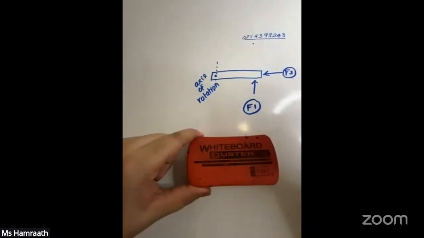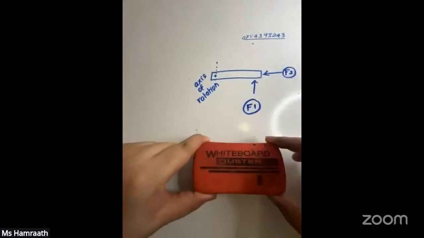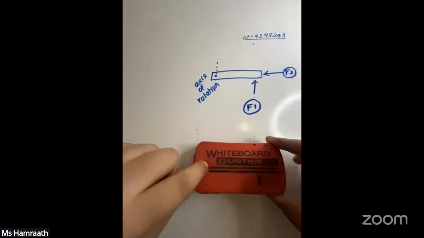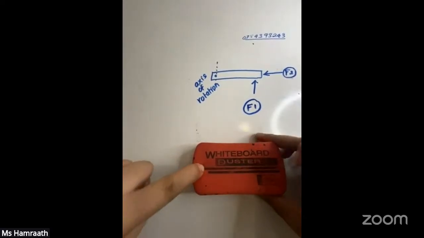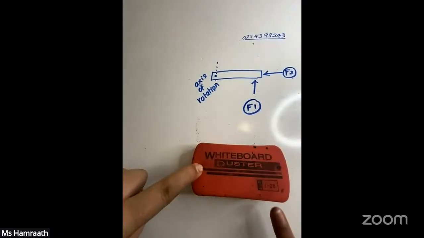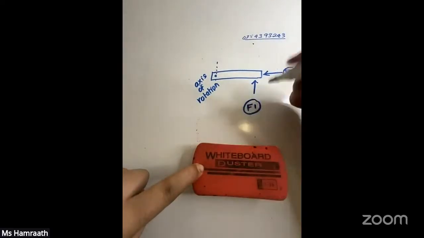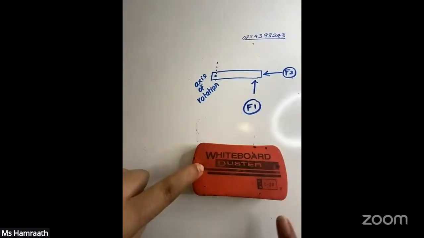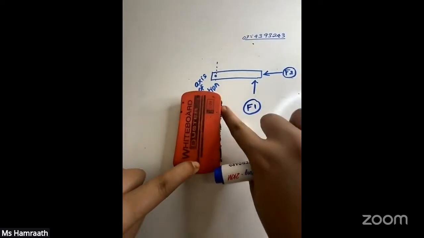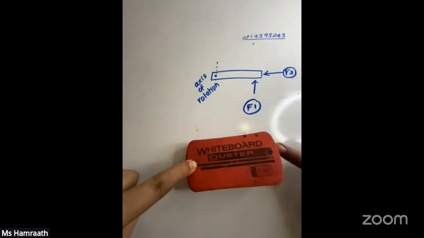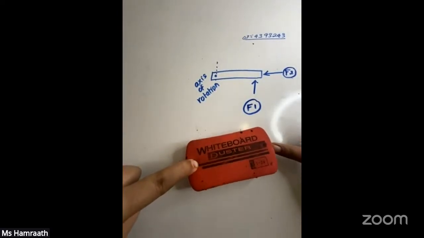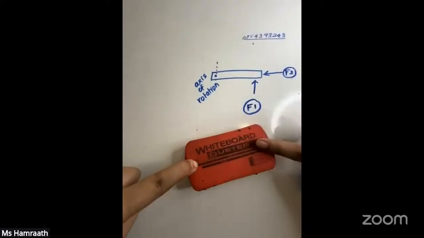Let's say this is the duster, and it is fixed from this point. If I give a force in this direction, can I rotate this object? Yes, I can rotate. But if I give a force in this direction, I cannot rotate this object.